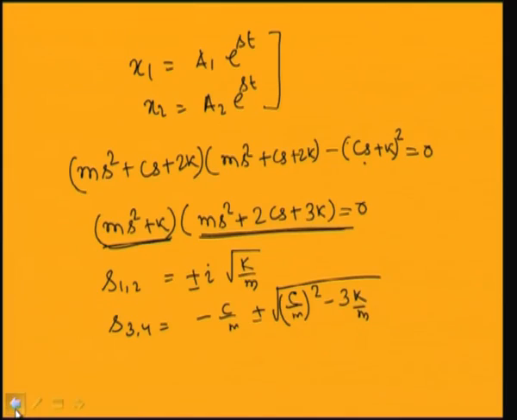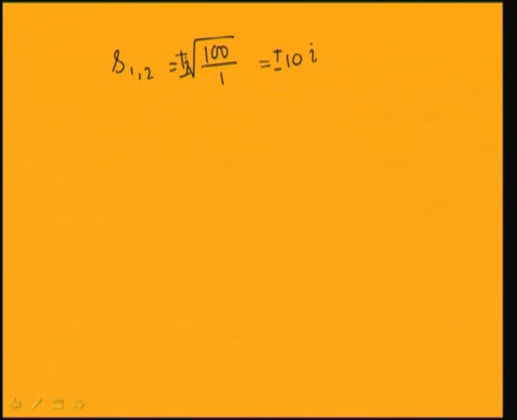Previously I wrote plus minus i into root over k by m, because s square equal to minus k by m. And S34 becomes minus 2 plus minus root over 296 i, which equals minus 2 plus minus 17.2 i.